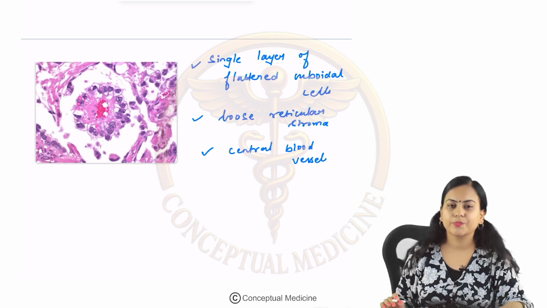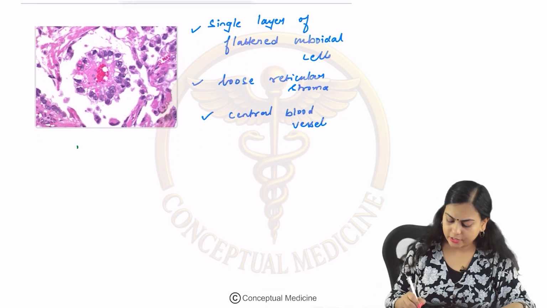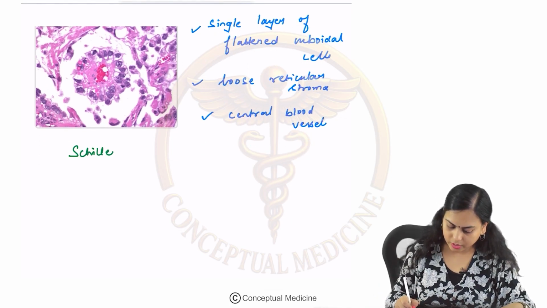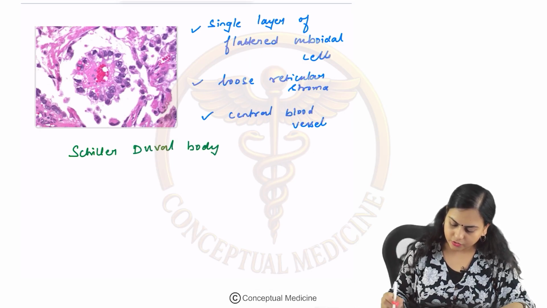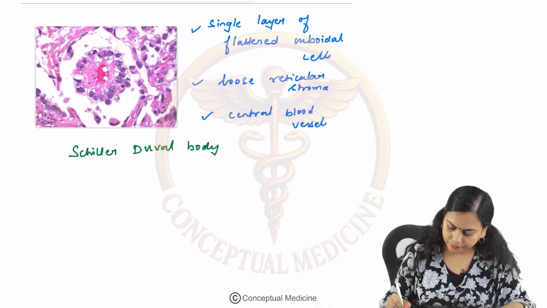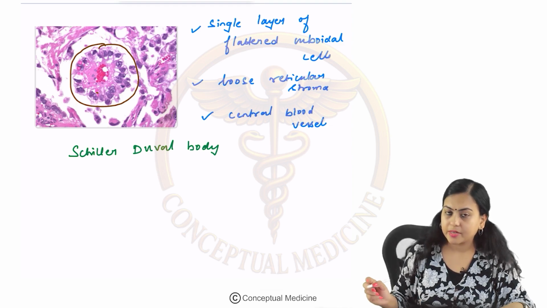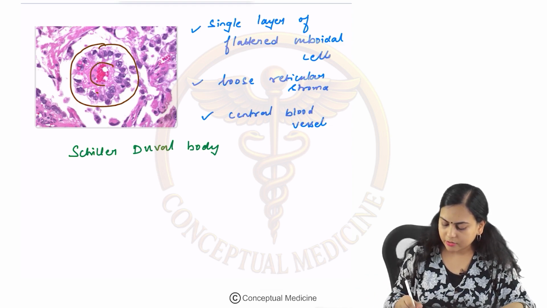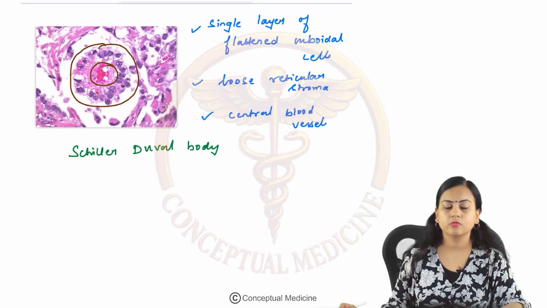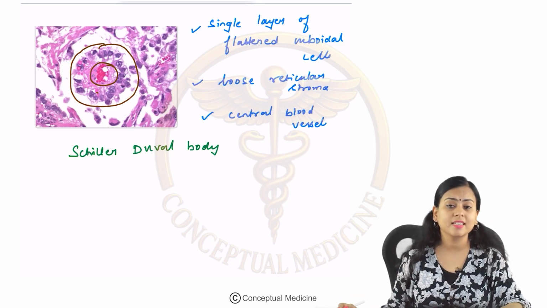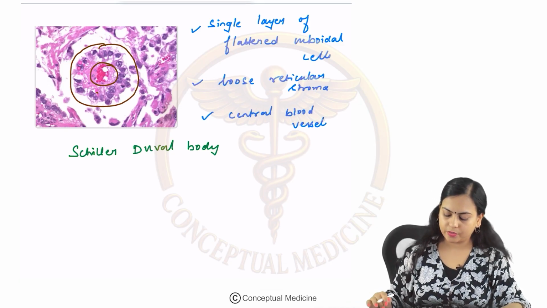So what is this? This is your Schiller-Duval body. We are able to see the cuboidal cells surrounding a loose papillary network. The invaginated papillary structure is there with a central blood vessel. So this is a Schiller-Duval body that is seen in endodermal sinus tumor, right?